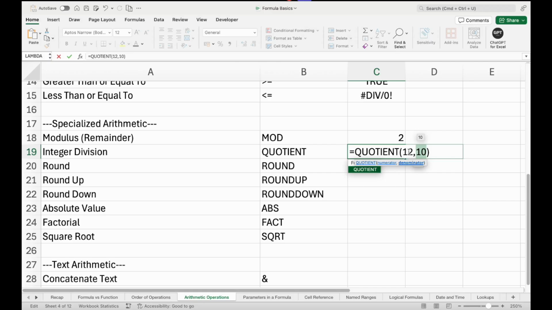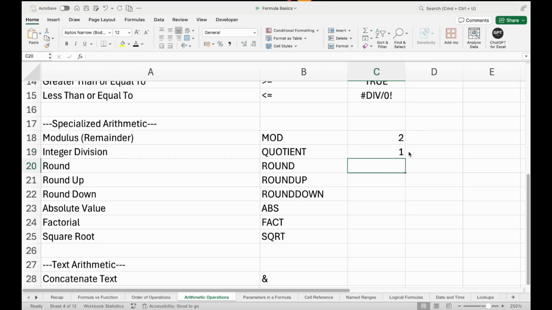So 12 quotient 10 will give you 1, because as soon as I say 10 multiplied by 2, I get a number which is greater than 12. So there you go.